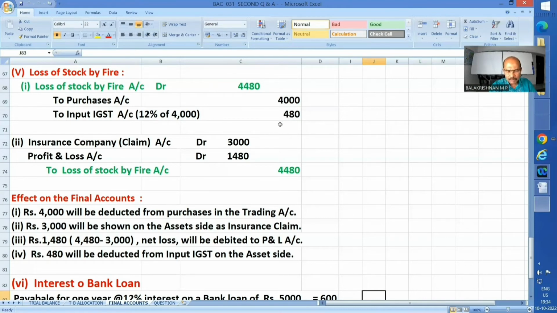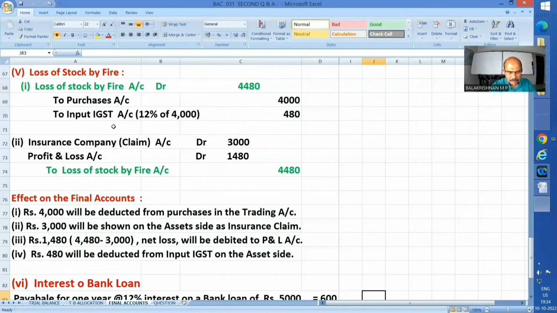It is not available. Since the concerned purchased goods are destroyed, you have to reduce the IGST part thereon also, because the GST authorities will tell you, listen, as far as we are concerned, you never purchased it because you cannot sell it.